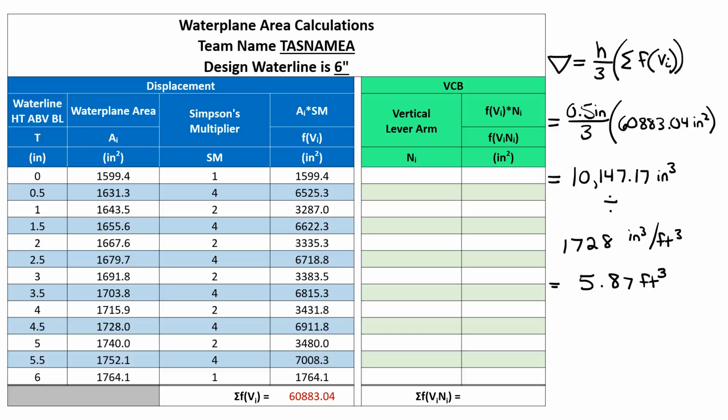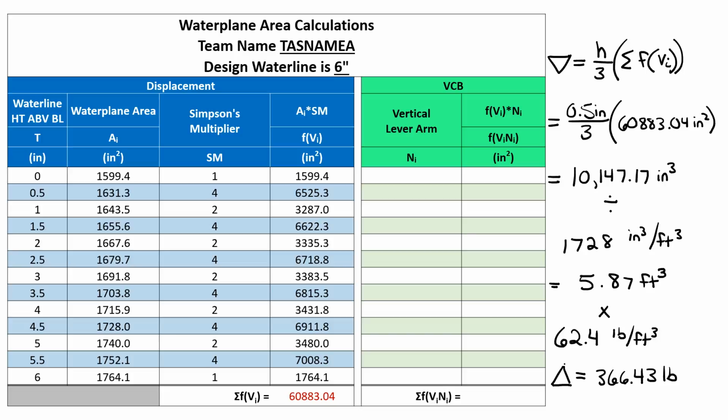Since I'm operating in a specific density of water, I can multiply this by the density to find that my displacement, which is symbolized by a Greek letter called delta, is equal to 366.43 pounds. Now what I would do is I would take this number and compare it to the weight of my boat.